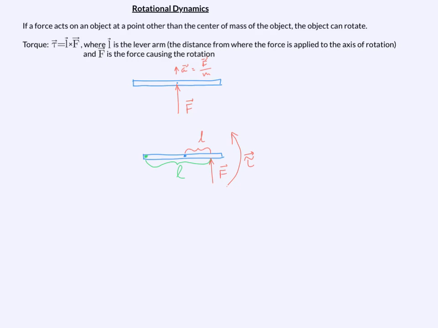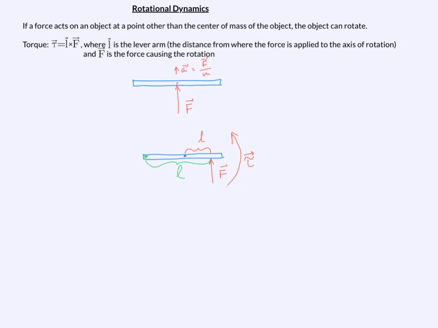But if I said that I want to choose the center of mass, I was looking at the center of mass before, then the rotation will be about the center of mass, and the torque is then lever arm crossed into the force, and a cross product is actually equal to the magnitude of the lever arm times the magnitude of the force times sine of the angle between them.